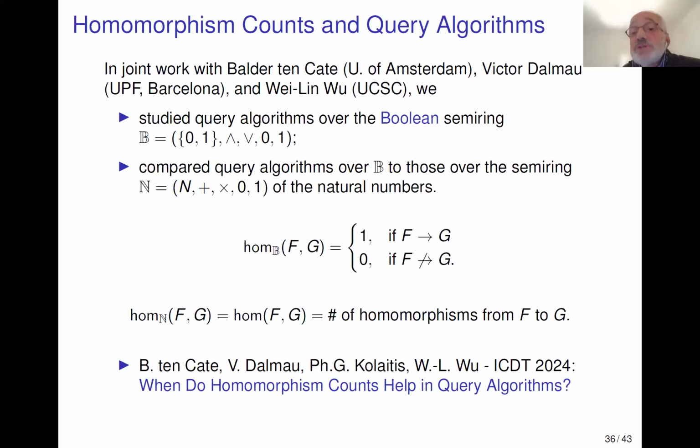It's just 1 or 0. It's just the sign of the homomorphism count. Hom_B(F,G) is 1 if there is a homomorphism from F to G, and 0 otherwise. So you just keep here a binary vector, a Boolean vector. And this was in a paper that appeared in the International Conference on Database Theory last year.